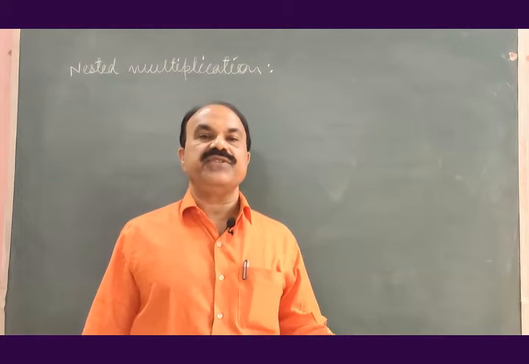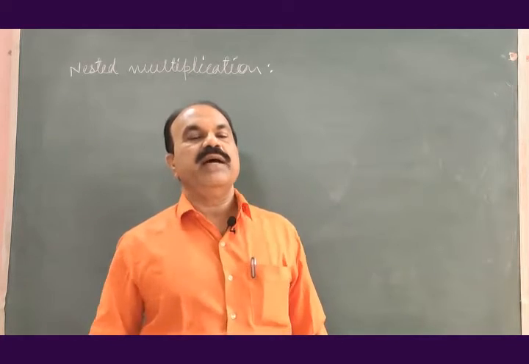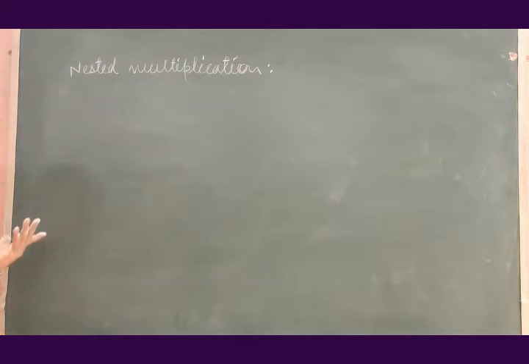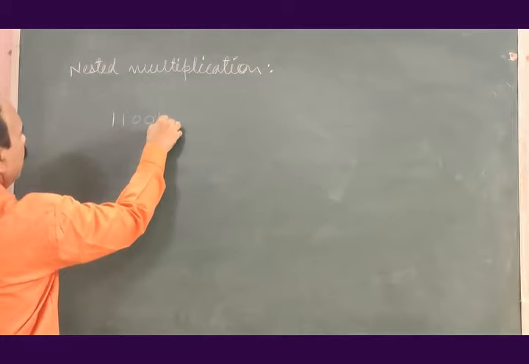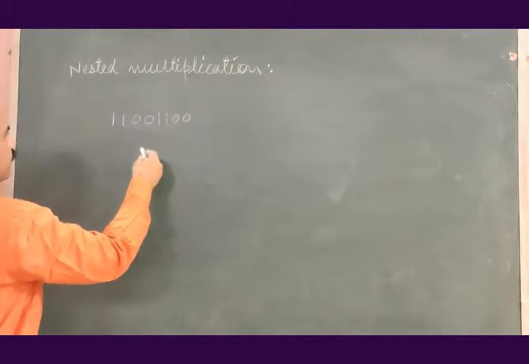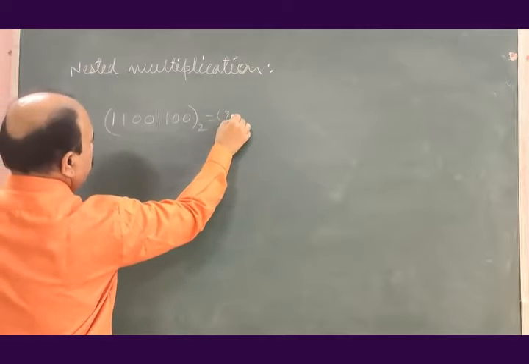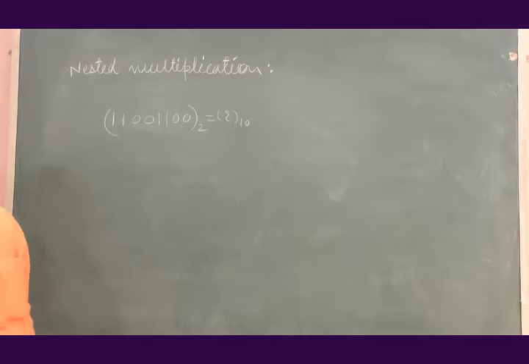You will get the equivalent decimal of the given binary number. For example, you can have any binary number. This is the given binary number.